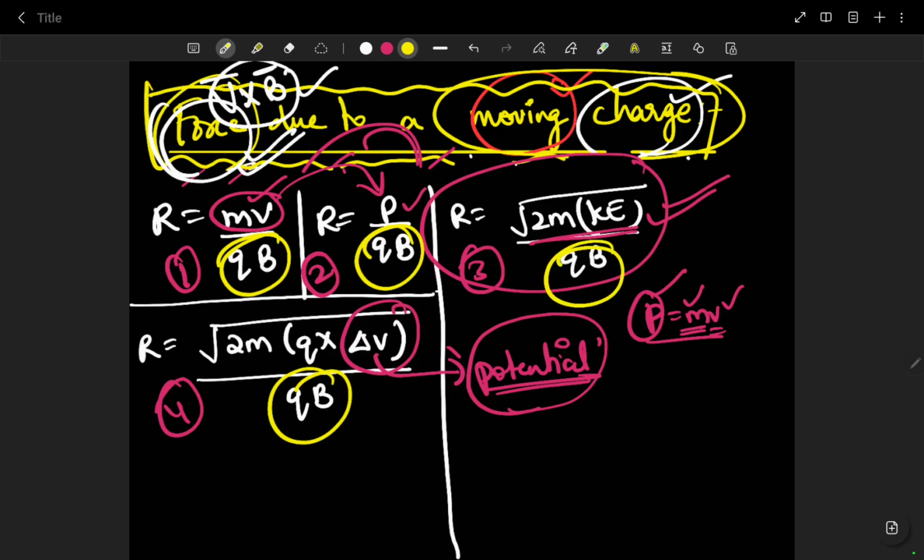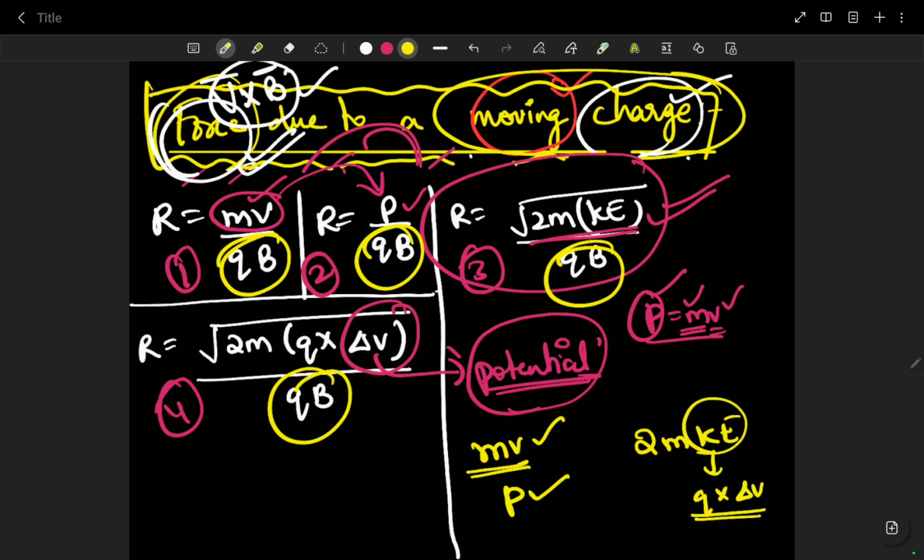Something that changes is the numerator. In the first formula it's mv, in the second formula mv is called momentum, so it's p. In the third formula it is 2m into KE, and then instead of KE it is q into del V. That means charge into potential difference. So these are different formulas of R. All of them should be there in your notebooks. We need to solve numericals with the help of these, so try to collect all of them together.